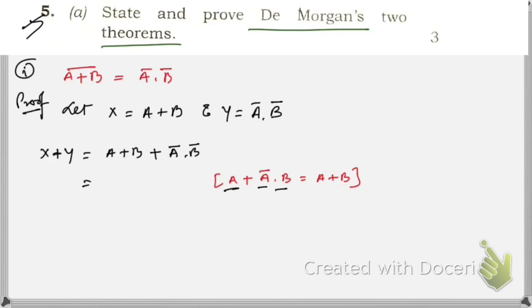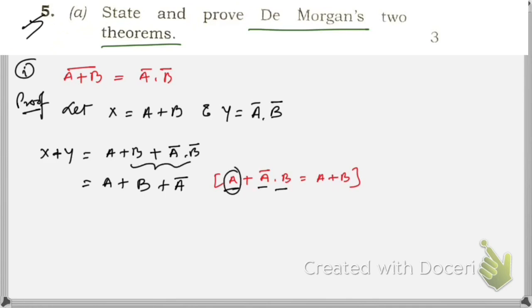Similarly here you have b plus b complement dot a, so in that case you can ignore this b complement, so you can write b plus a complement only, using this property.